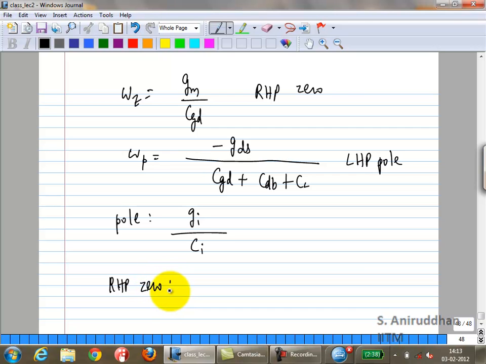How do you write an RHP 0? Okay, in this case, if you had to draw a simple model, you can show that if you have a transconductor with a capacitance C across it from input to output, you are going to have a right half plane 0.